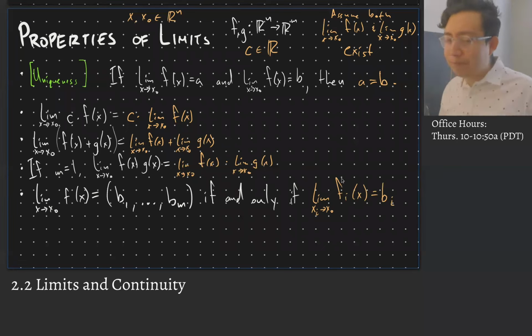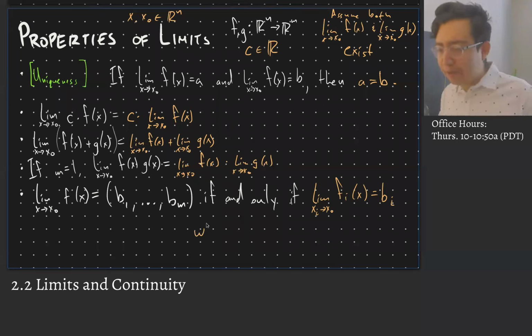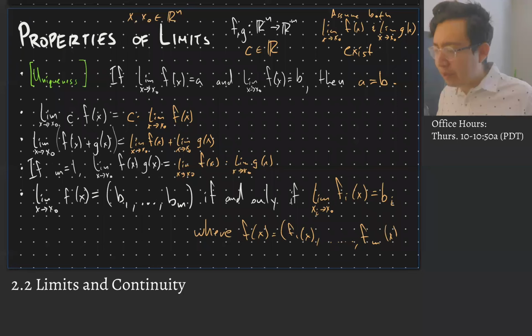And one thing I have to tell you is what this fi is. Where I would usually write something like f of x is equal to f1 of x through fm of x. This looks kind of complicated, like there's a lot of notation going on. But what we're doing is taking the limit of some vector valued function. The function has values which are in m dimensional space.